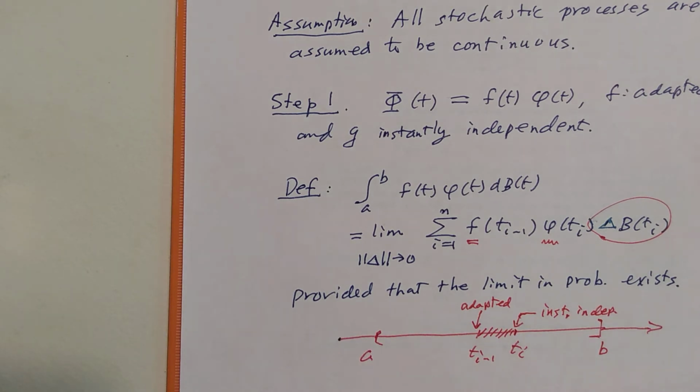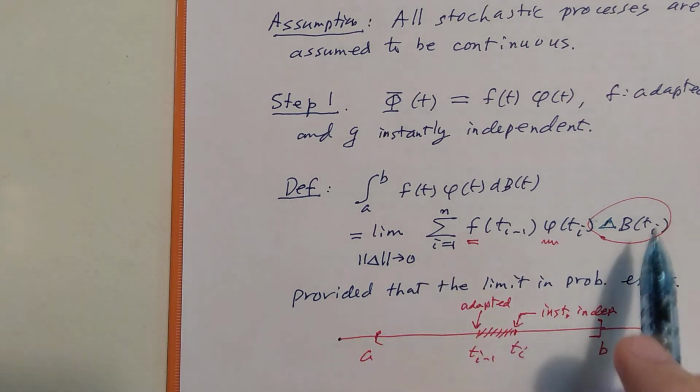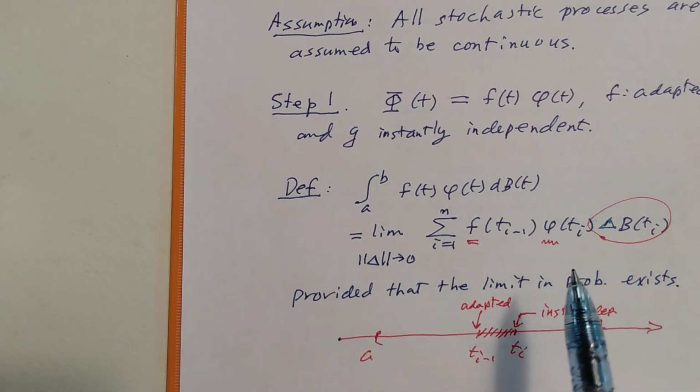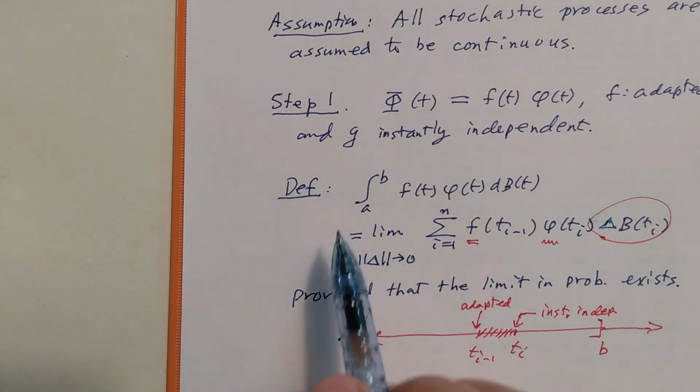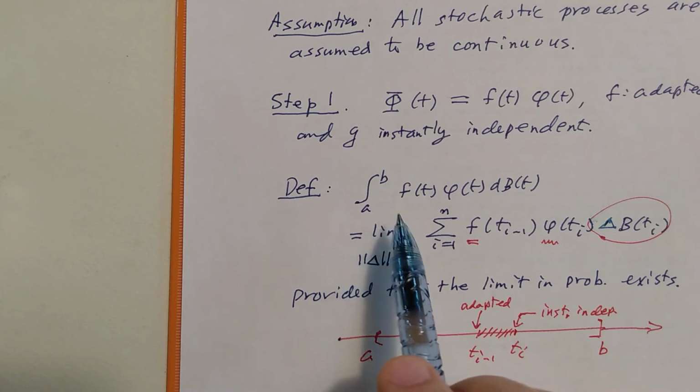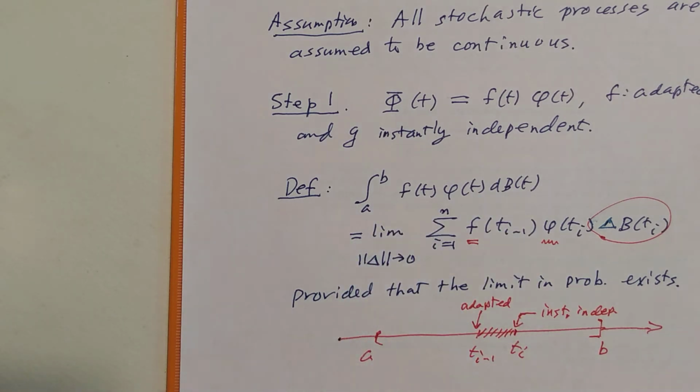And if the limit in probability of this Riemann sum exists, then we define the limit to be the value of the new stochastic integral. And that is for step 1.